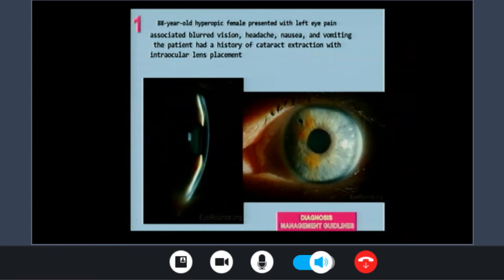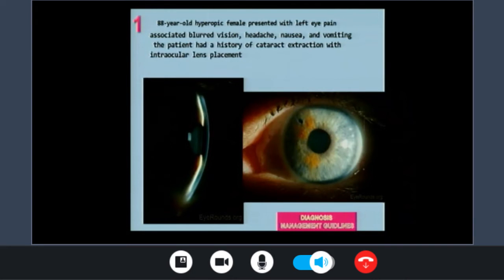This is the first question. An 88 years old hyperopic female presented with left eye pain associated with blurred vision, headache, nausea, and vomiting. The patient had a history of cataract extraction with intraocular lens implantation. Again, this female presented with severe eye pain, headache, nausea, vomiting.